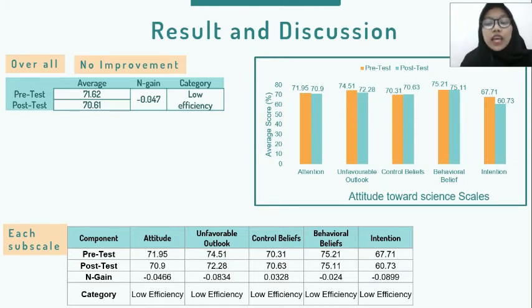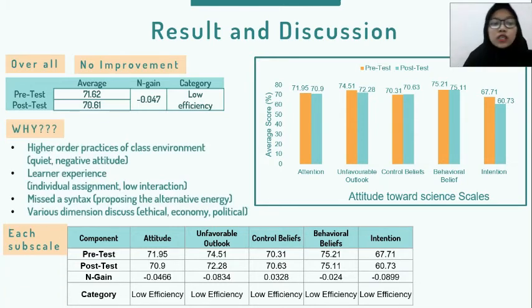Why does it happen? The first reason is the higher order practice of the class environment. The class environment is one of the frameworks of socio-scientific issue-based learning that has to facilitate students to have higher order practices such as argumentation, reasoning, and of course negotiating.